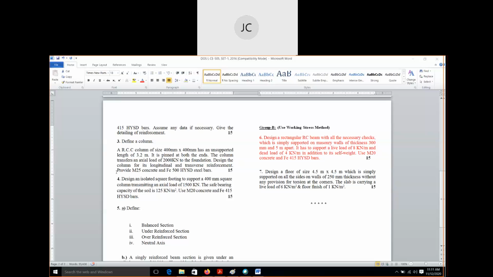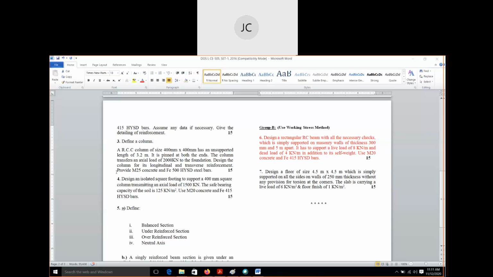Instead of sending individually, you will make a file of 10 students in a single file. You have to compress it and make a zip file for 10 students and then send it. Otherwise, if 70 students send me 70 emails, it will be very hard and time consuming for me.